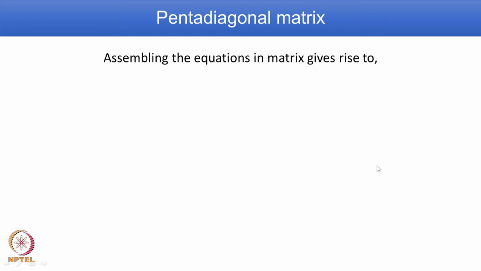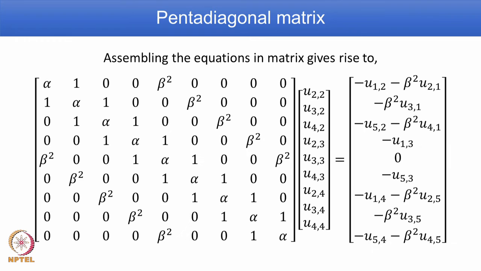Now, if you put all those equations in the form of a matrix, you get a structure as shown here. Now, alpha we have already defined, beta also we have defined. Those alpha and beta definitions are for convenience, so that discretized equation and the matrix are written elegantly.